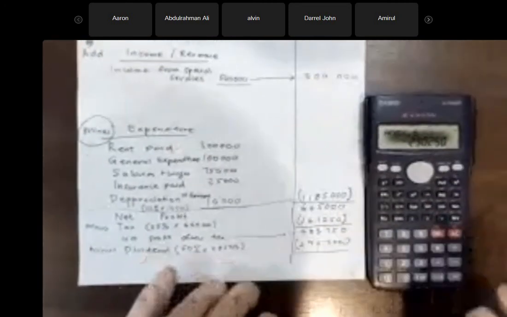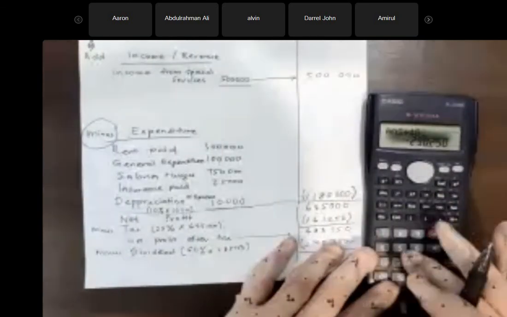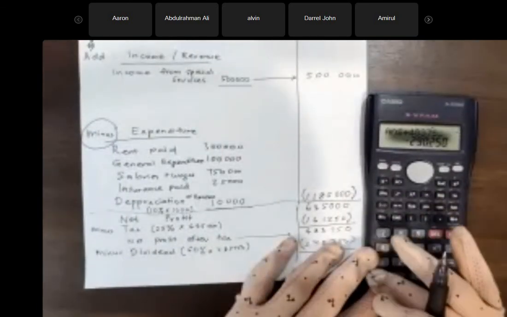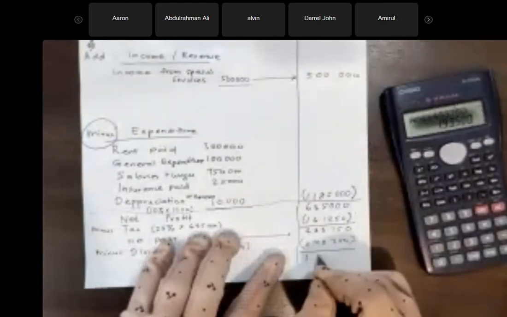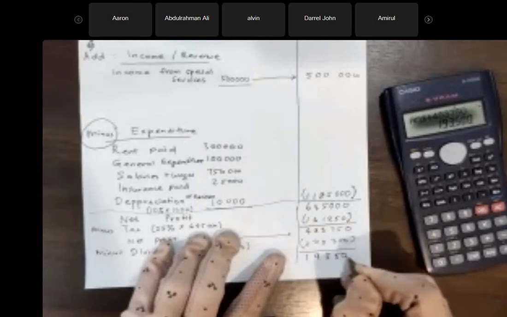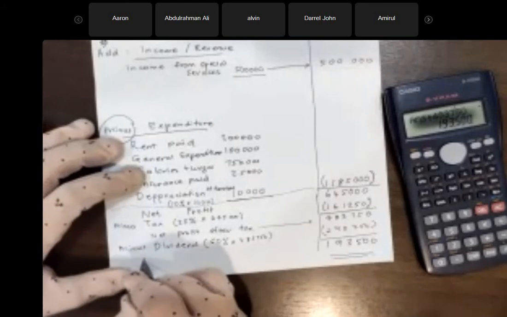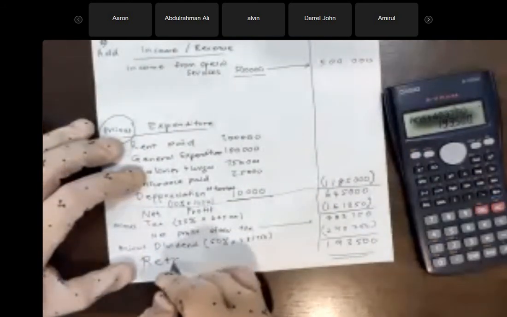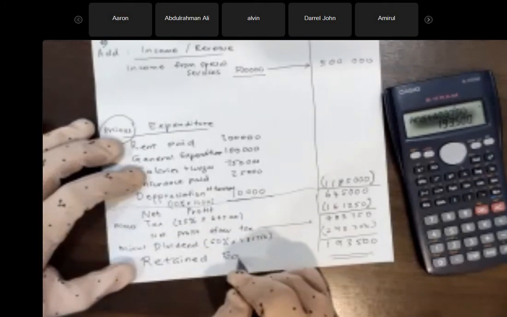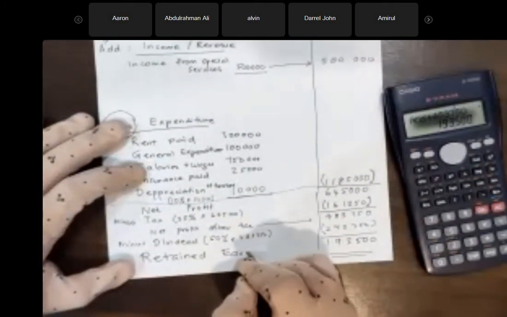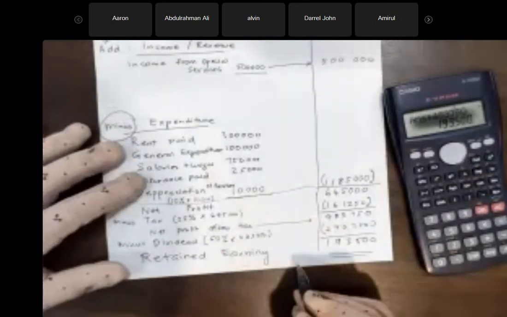Okay, so you will get plus 483,750. Okay, settle. This one we call it as retained earning. Okay, retain earning.